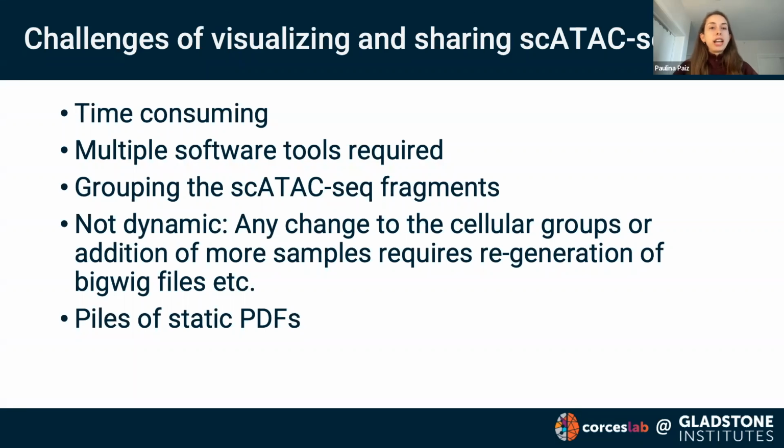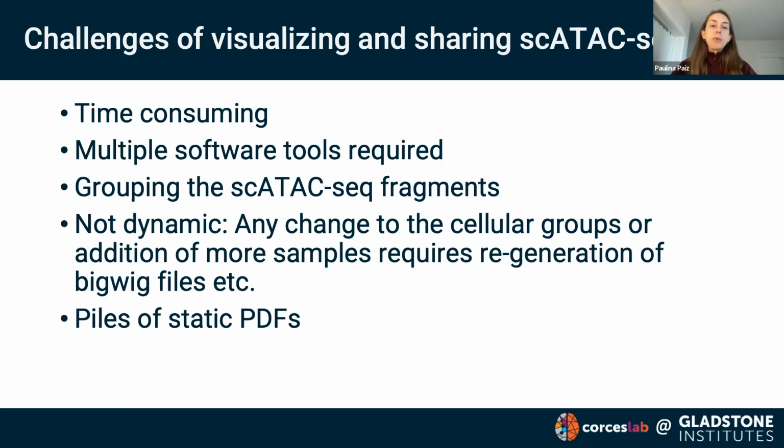They're also not dynamic because any change you want to do to the cellular groups or adding samples, for example, requires regeneration of bigwig files. So what we found, the typical use case was that people found a way around it by just piling lots of static PDFs and just creating a mess out of it.